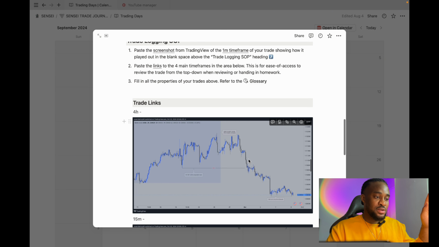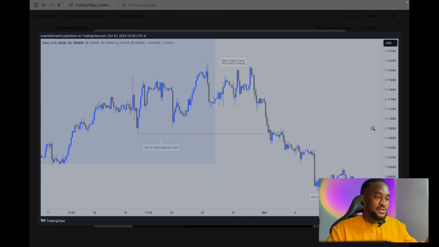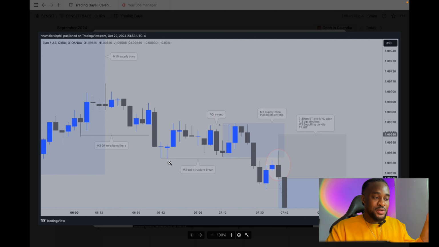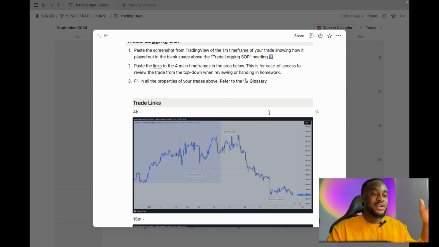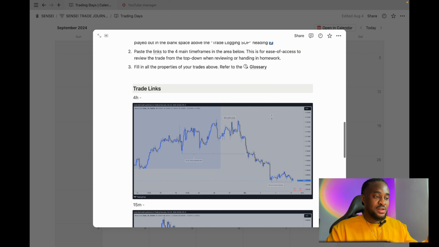Now let's run it through quickly. Now this is the first screenshot, the H4. So we just repeated the same thing, the same POI. It almost looks like the M15 exactly, but it's just the nature of the market. So POI meets criteria again, boom, boom, boom. Just like that, we have our journal, guys. Now, this is perfect. We've journaled this trade.